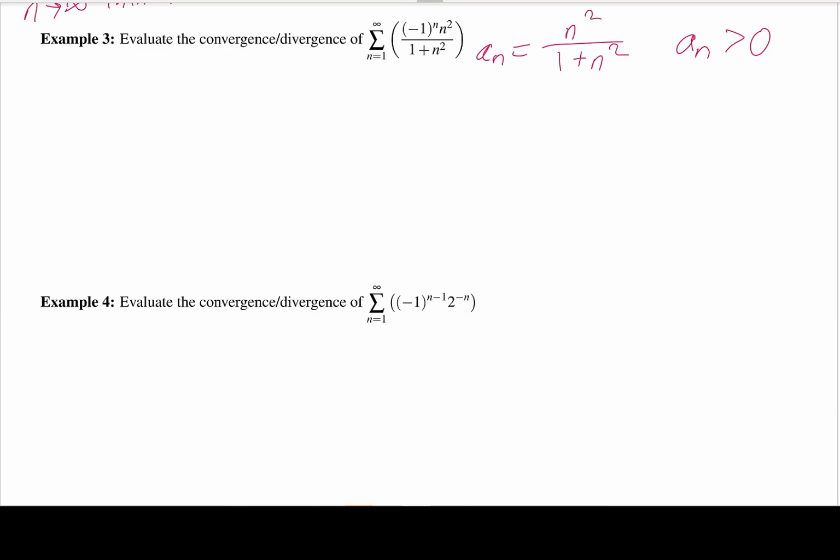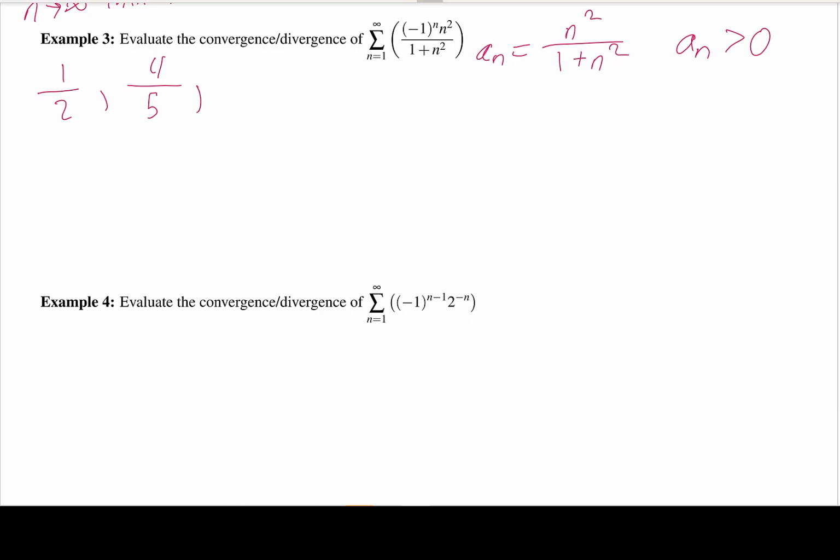Now I want to look at, is this thing decreasing? Let's look at these terms. If I plug in 1, we're going to have 1 over 2. If I plug in 2, we'll have 4 over 5.